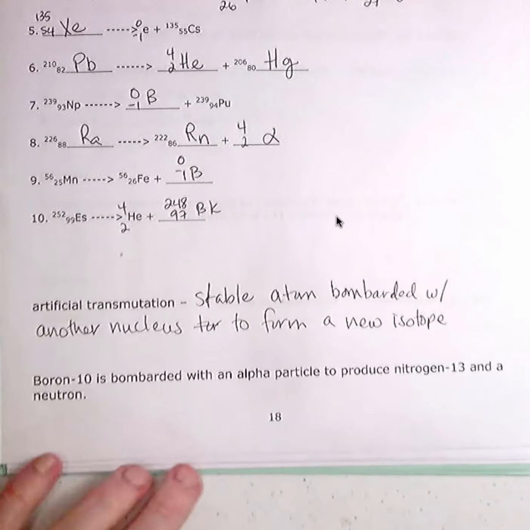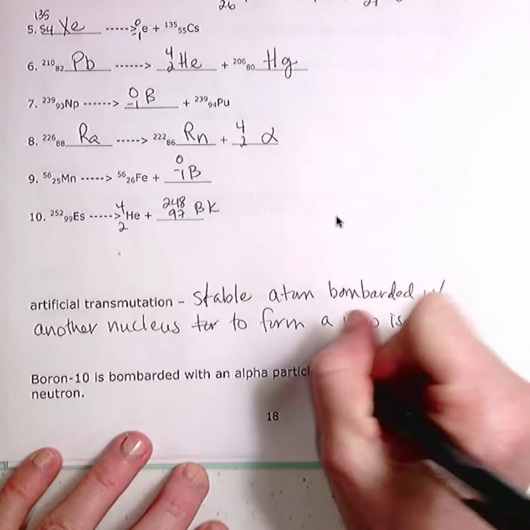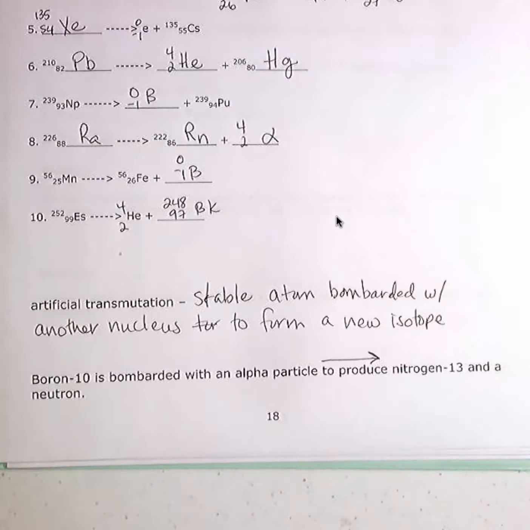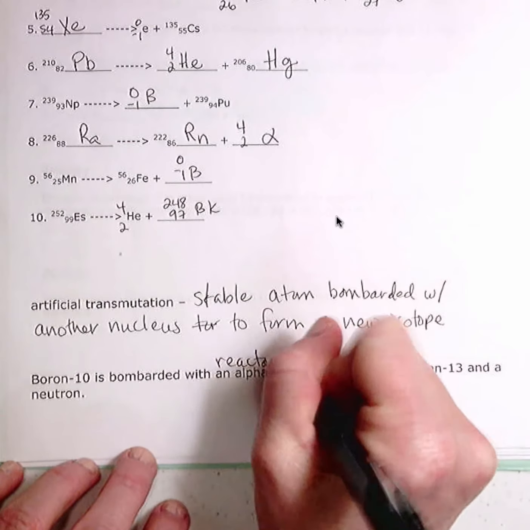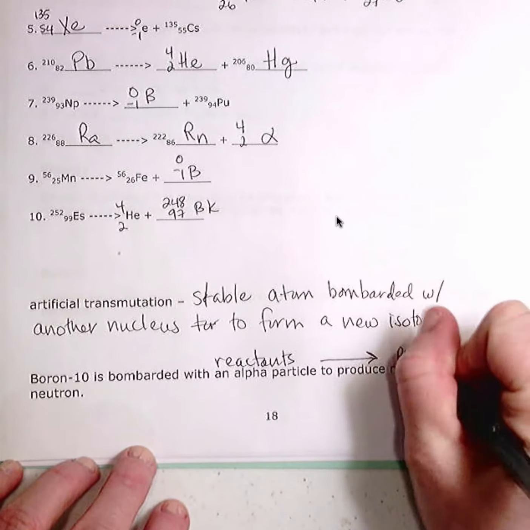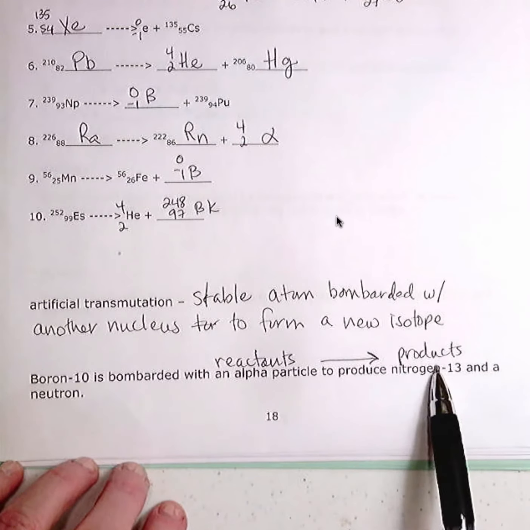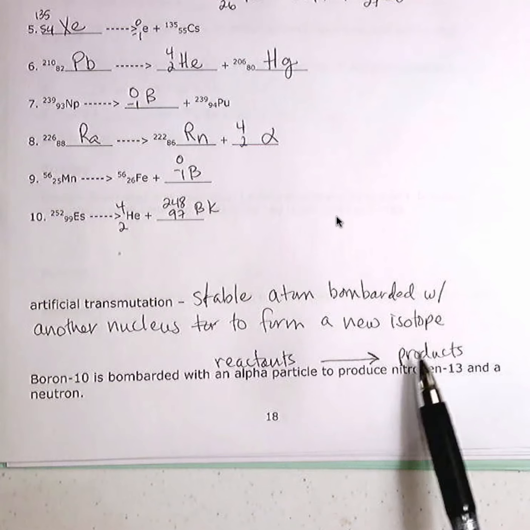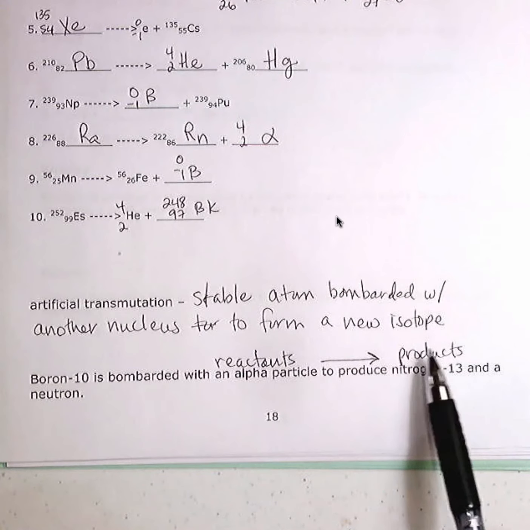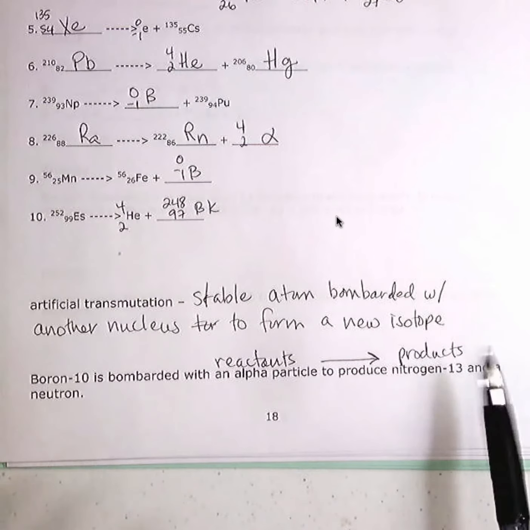One of the things this problem involves is the arrow. On one side you have your reactants, and on the other side you have your products. With artificial transmutation, there's a product that you're interested in, might be for imaging, a radioactive isotope that you need to use.